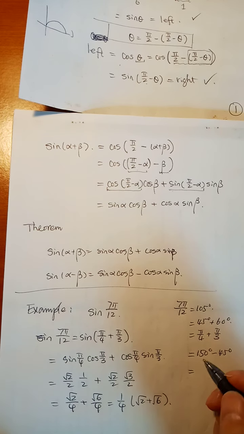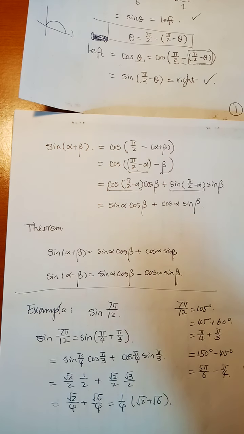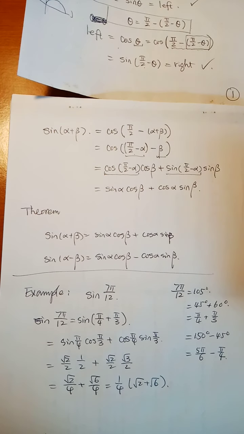What is 150? 150 is 5 pi over 6, minus pi over 4. So you can also do this, and then you will apply the difference rule for sine, and you also need to know the sine or cosine of 5 pi over 6. Okay. It's not unique. It's definitely not unique.